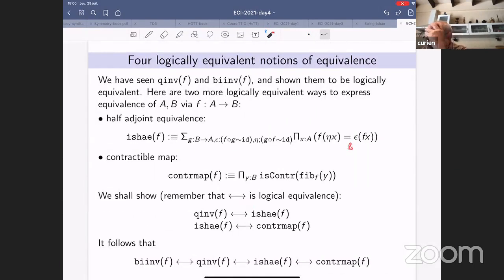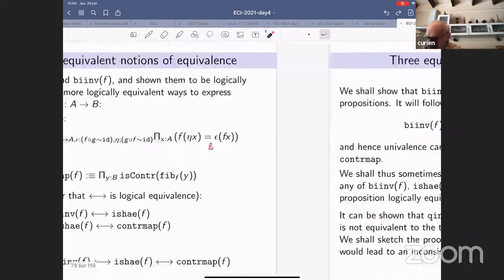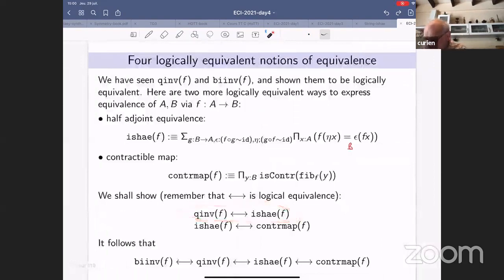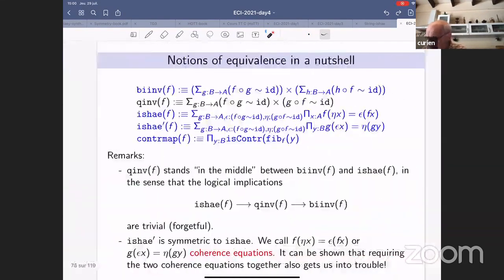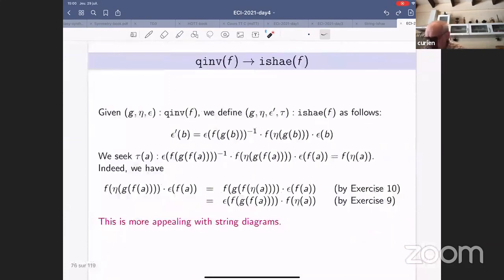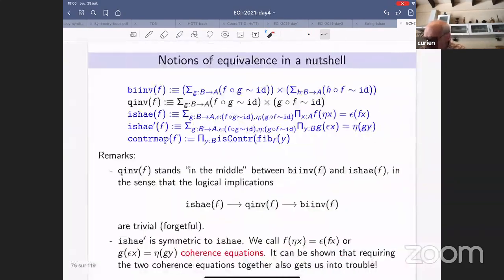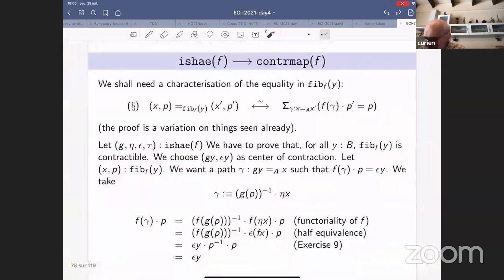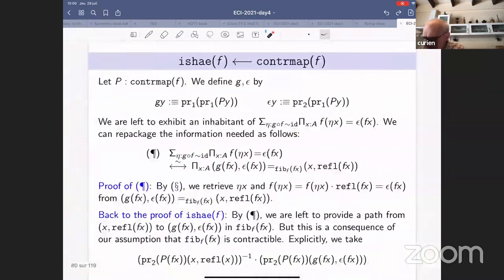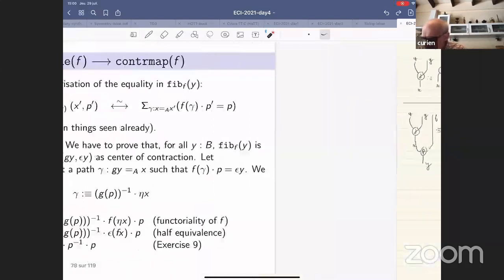The other direction, I'm happy enough, it comes for free, because is half equivalence has one more piece of information. If I remove it, then logically I have the material of Q-inv. So my job for proving this equivalence will be finished as soon as I have proved this implication. And for the other one, I need the two implications. This implication and the converse.